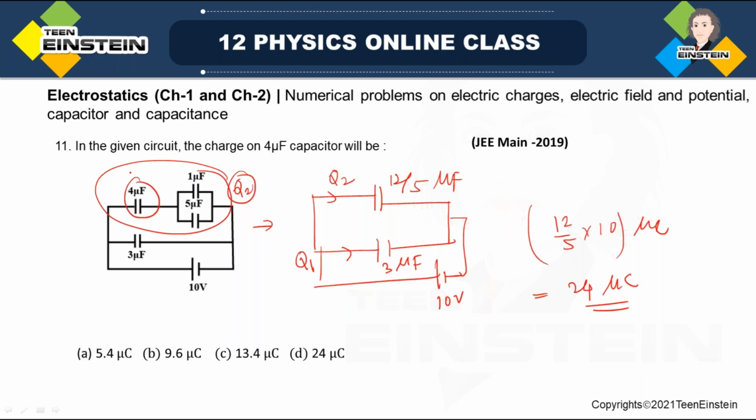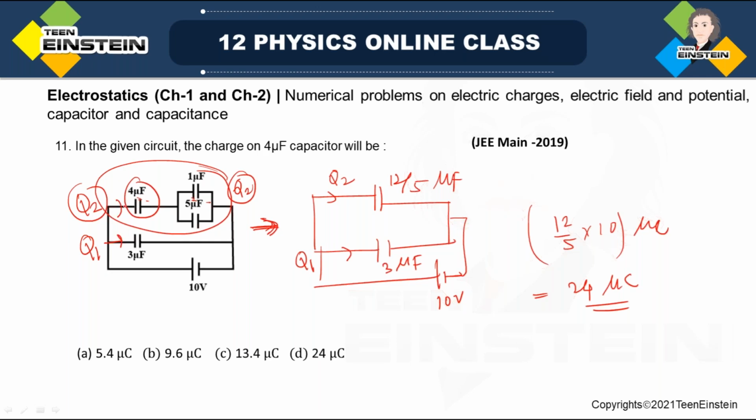So I was actually a little bit confused about this thing. Now I hope you are okay with this. Why we have to take the combination of these two or equivalent? Because as a whole, this combination will carry Q2 charge, and this 3 microfarad as a whole will take Q1 share.